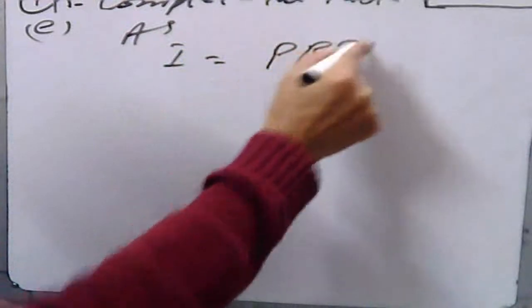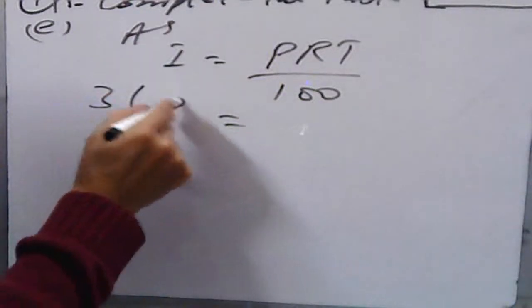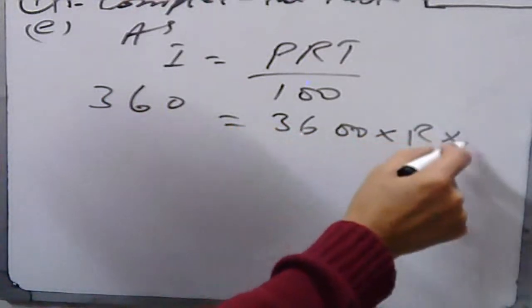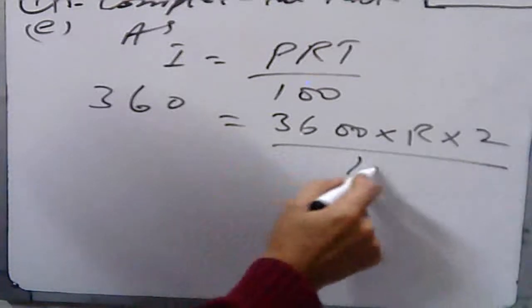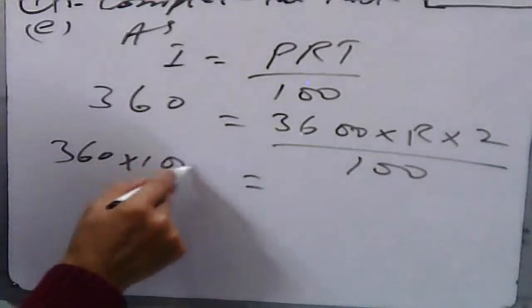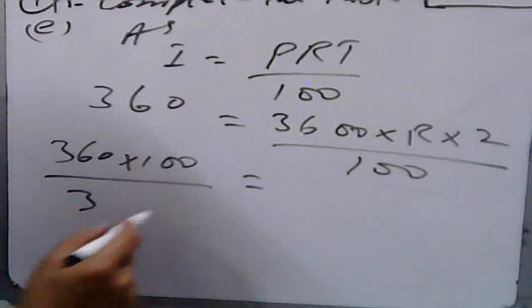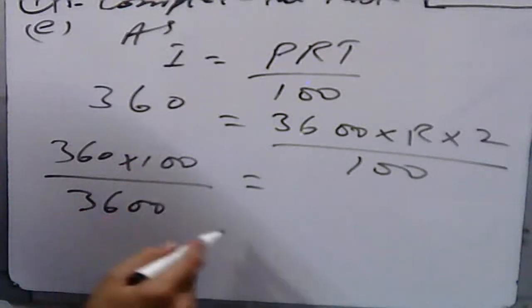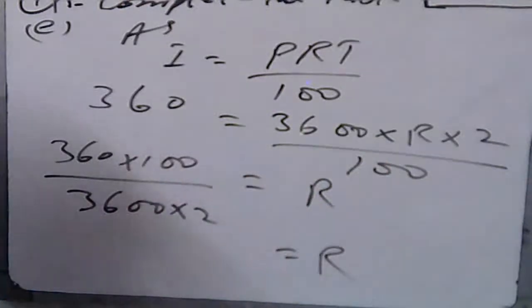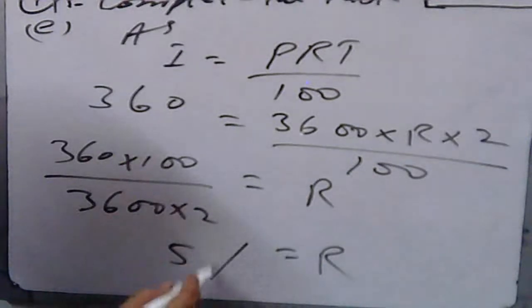The interest is 360, the principal amount is 3600, multiplied by R, multiplied by 2 years, divided by 100. By using cross multiplication, 360 multiplied by 100 divided by 3600 multiplied by 2. After simplification you will get 5%. So 5% is your rate of interest.